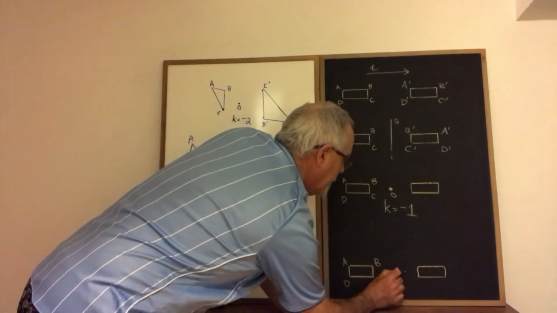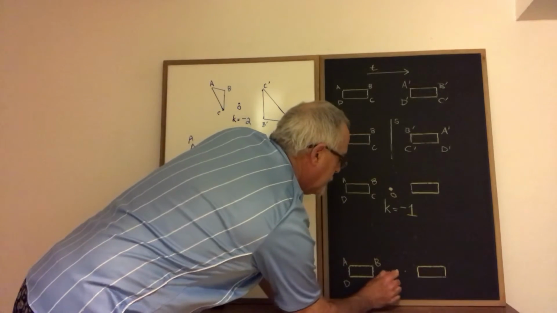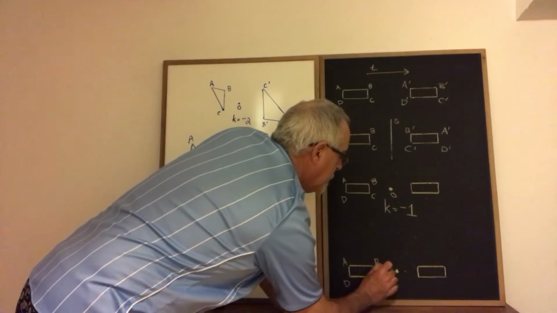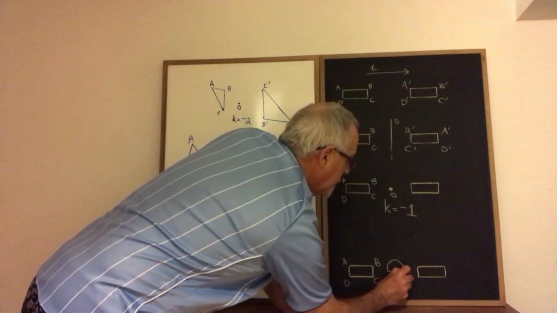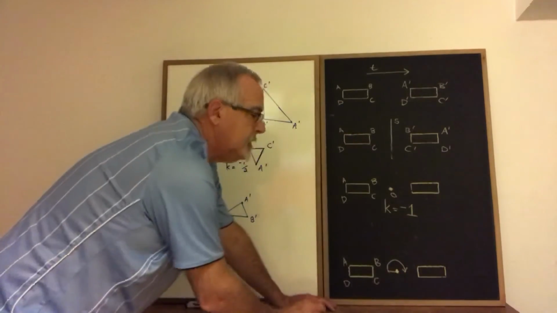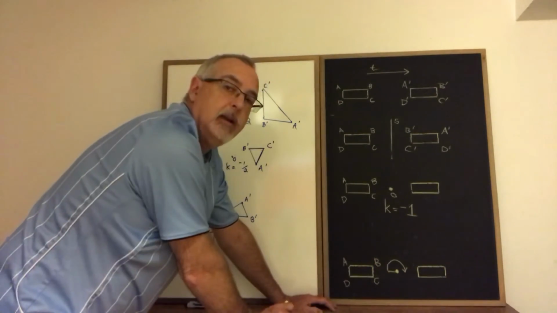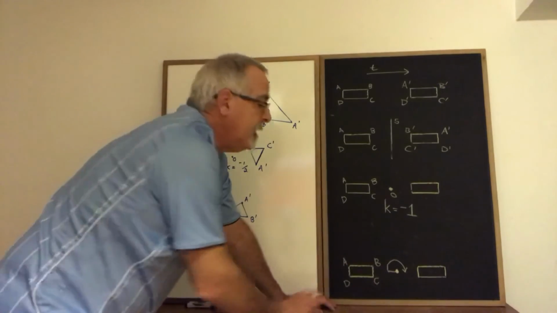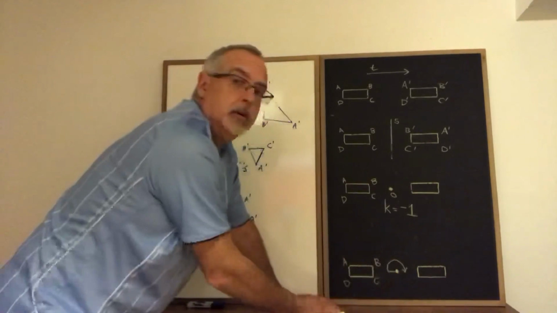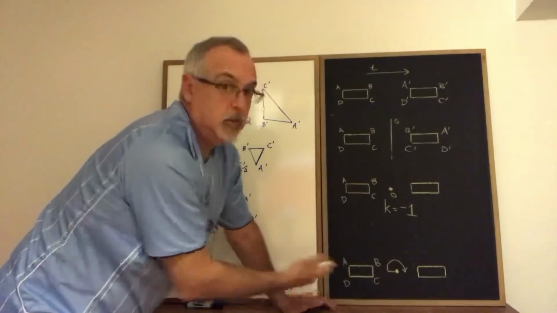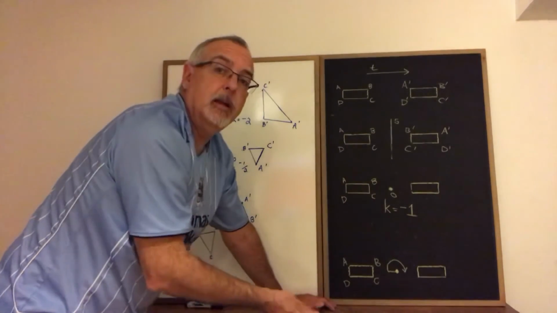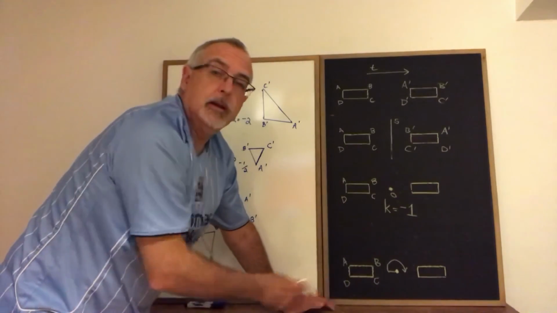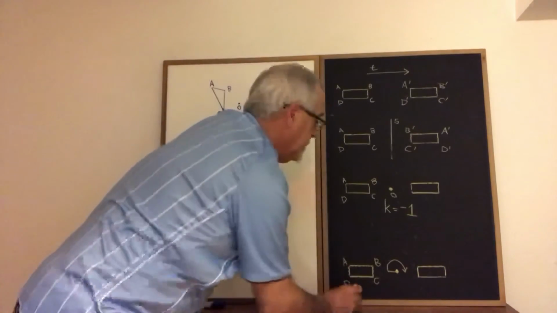Finally, I put the rotation on the bottom because I need the most room to show it. If my 0 dot for the rotation is here, then the only way to make this work is if I call this a 180-degree rotation. Now, I'm going clockwise, but if I chose to say it was counterclockwise, that would also work. For a 180-degree rotation, clockwise and counterclockwise end up in the same place.